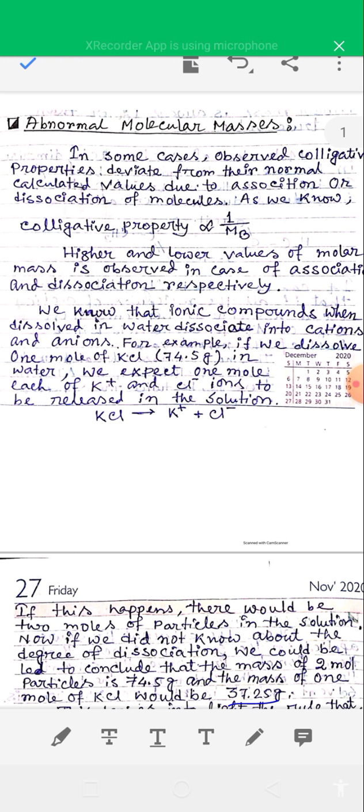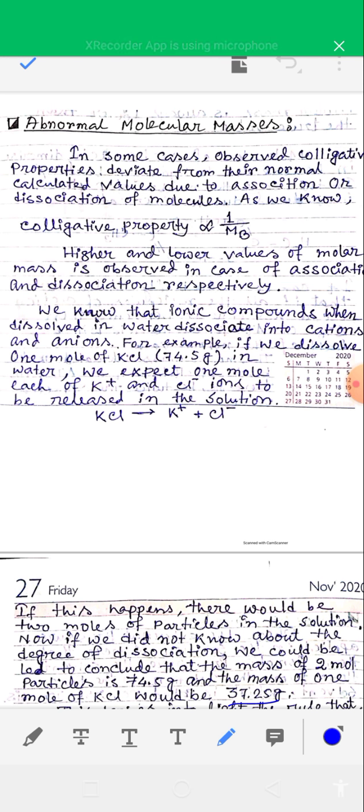That is, abnormal molecular masses or abnormal colligative properties are found only when the solute is dissociative or associative in nature. For example, when KCl is dissolved in water, suppose 1 mole KCl is added, then in the solution you will get 1 mole K plus and 1 mole Cl minus.